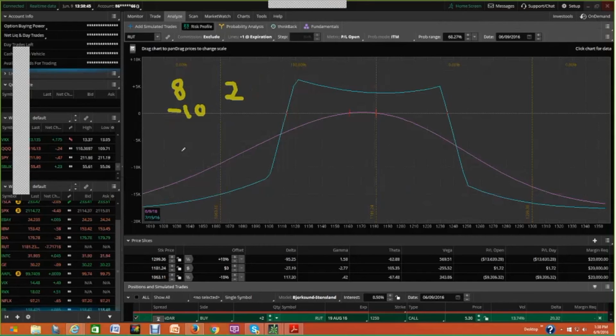And then I've got short 10, 8 and 2. So how do I put this puppy on? A couple different ways of doing it. All right, so what's one way of doing it? I'll go over a couple ideas.